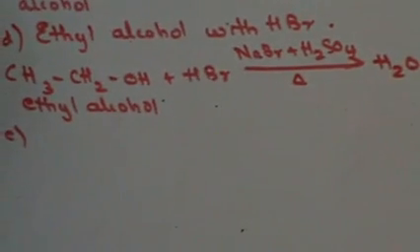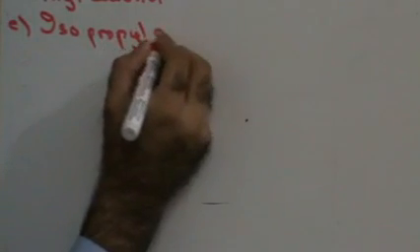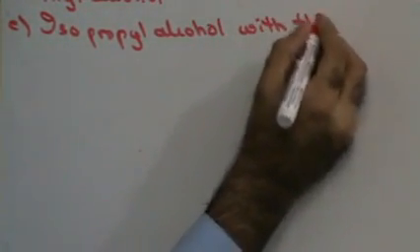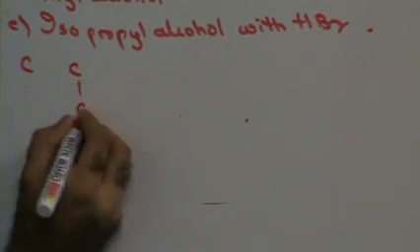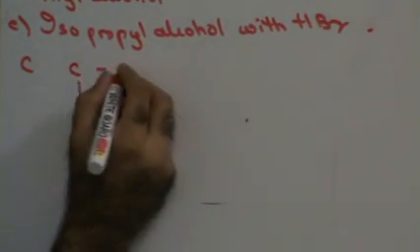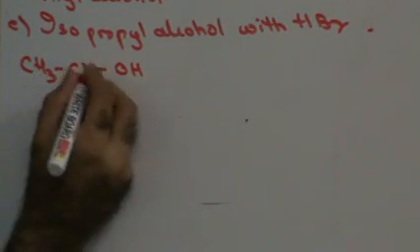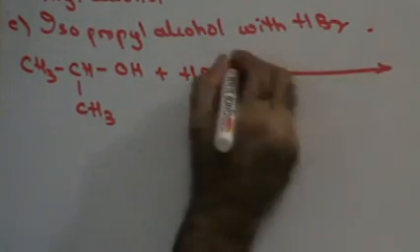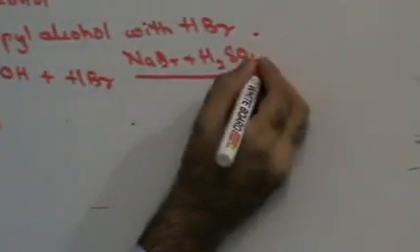Okay. Next, what happens when isopropyl alcohol reacts with HBr, right? Propyl, 3 carbon atoms, iso, 1 carbon atom has to be in the branch, alcohol, OH, CH3, CH3, CH reacts with hydrogen bromide in the presence of sodium bromide and concentrated sulfuric acid.